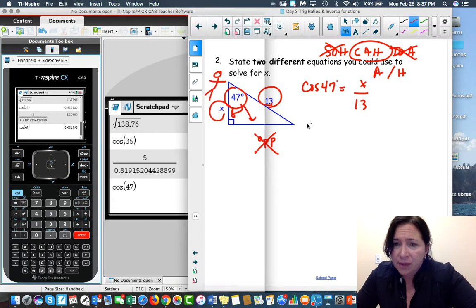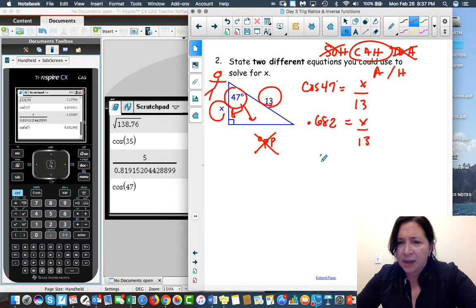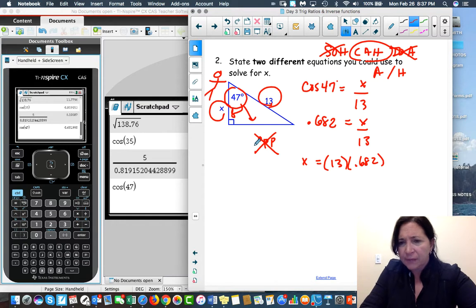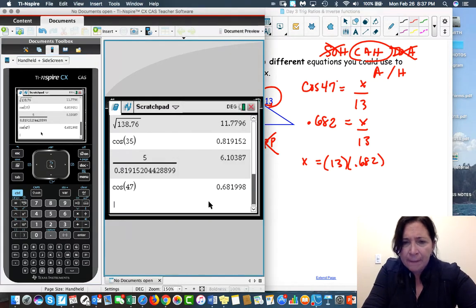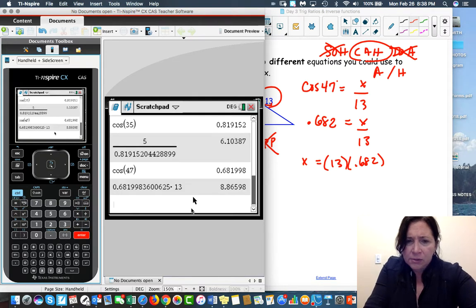So we're going to say that's going to be 0.682 equals x over 13. I'm going to cross multiply, and I'm going to get x is equal to whatever 13 times 0.682 is. Okay, so let's figure out what that is. So I'm going to go answer times 13 equals.